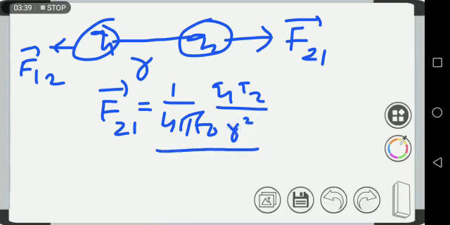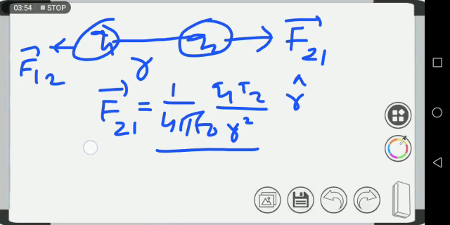We have to write the direction, and to write the direction we put a unit vector alongside the magnitude. Magnitude multiplied by a unit vector gives us the vectorial form. So r cap is multiplied. What is r then?